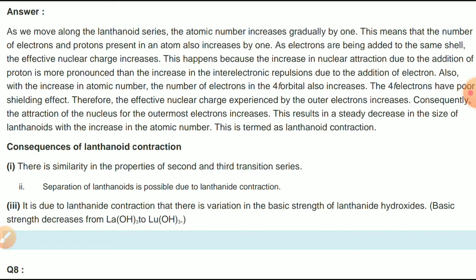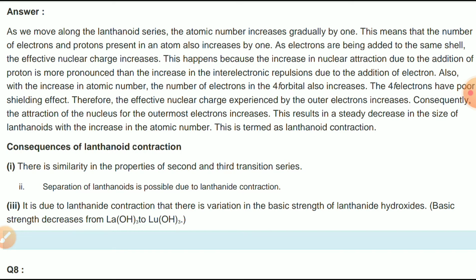This means that the number of electrons and protons present in an atom also increases by 1. As the electrons are being added to the same shell, the effective nuclear charge increases. This happens because the increase in the nuclear attraction due to addition of the proton is more pronounced than the increase in the inter-electronic repulsion due to the addition of electron.